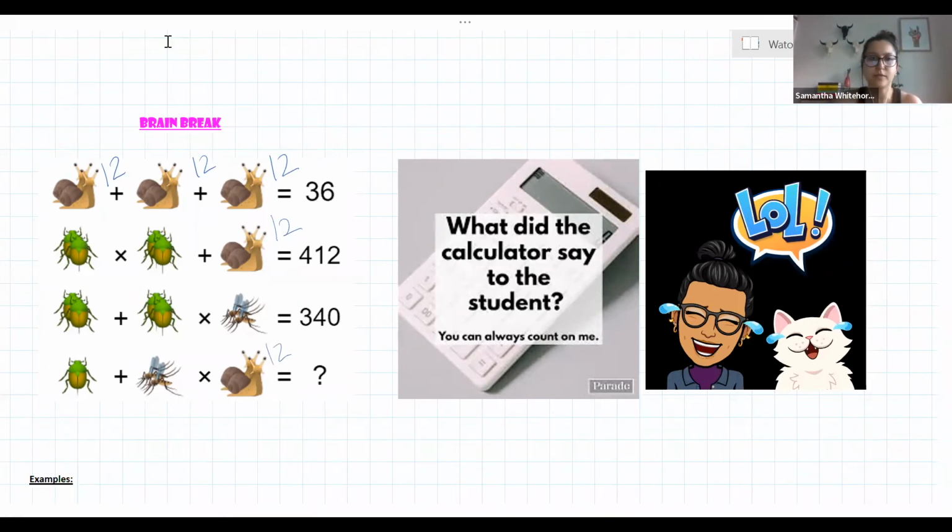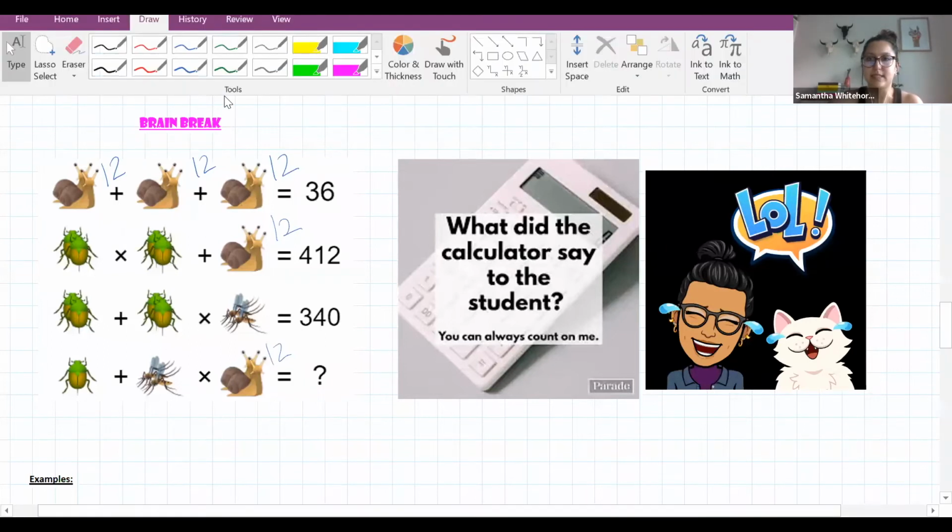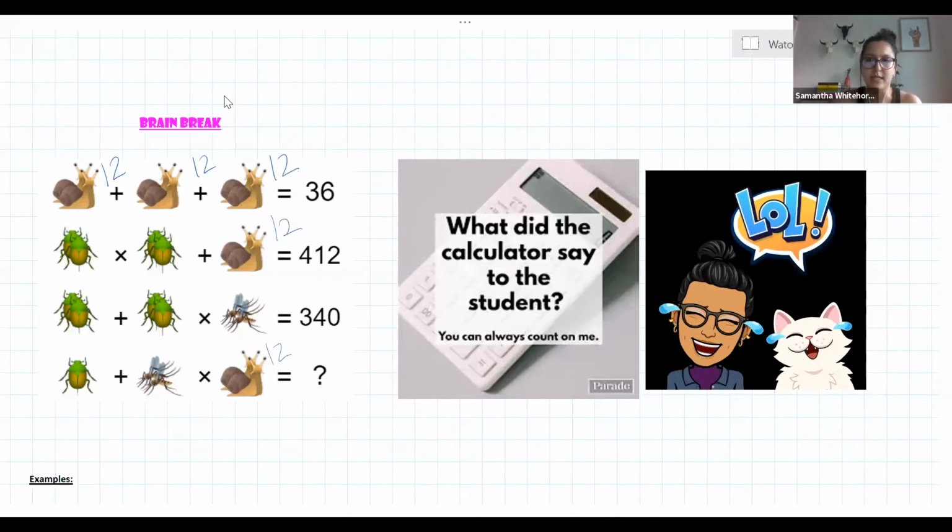Okay, right. Let's see. Leobona, do you want to tell us the next one? Each beetle is 100. When they added together, it's 200.